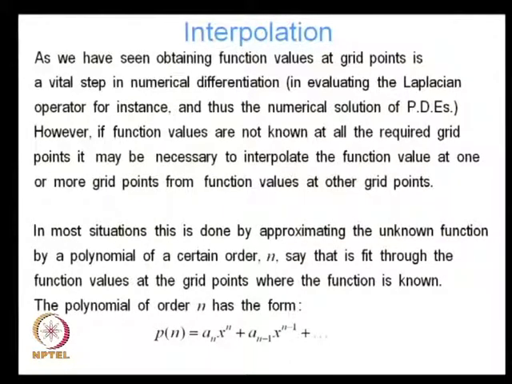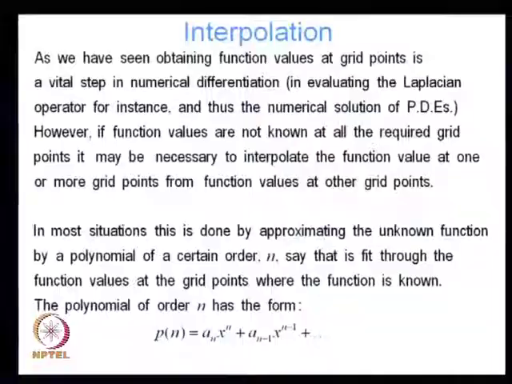For instance, if we are trying to find out stress concentrations, we might want to add grid points at those locations. Suppose we know the function values only at a certain number of grid points, but then as we adaptively refine the grid, we have to know the values at those new grid points in order to formulate my finite difference operators, right.